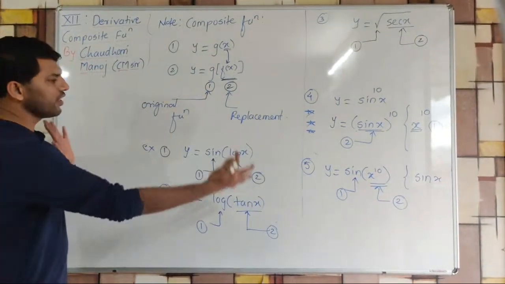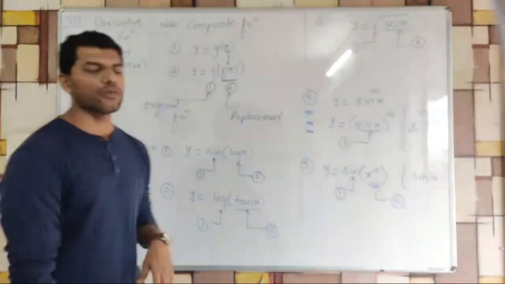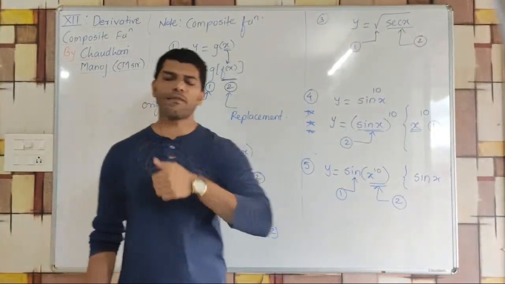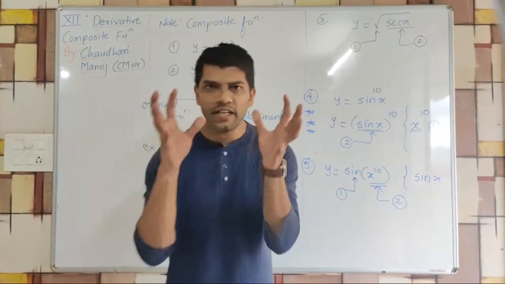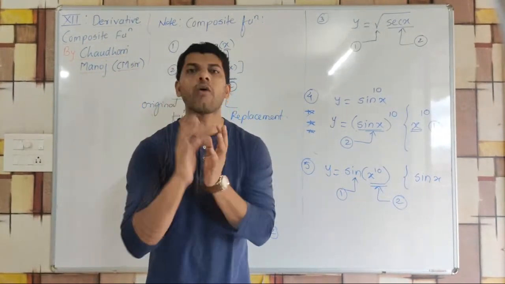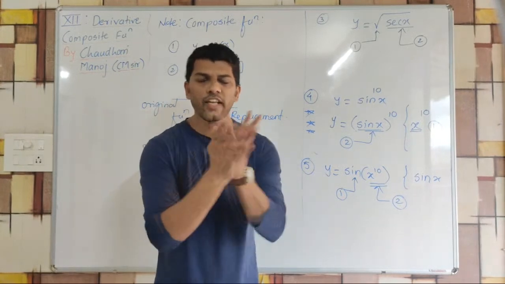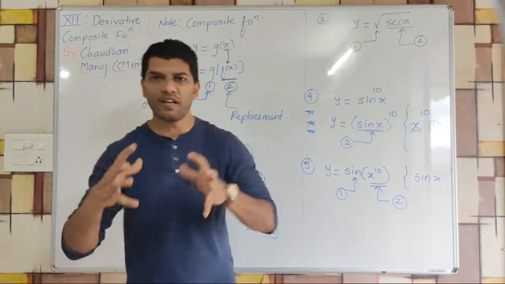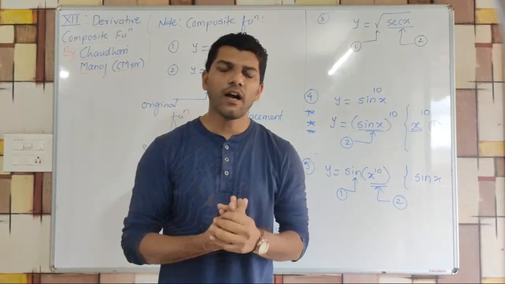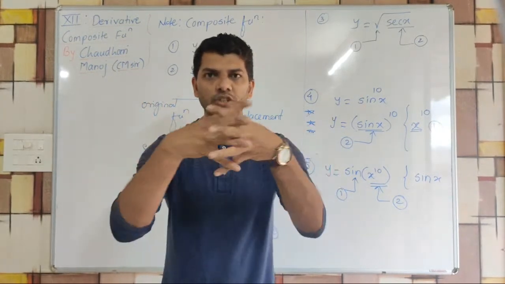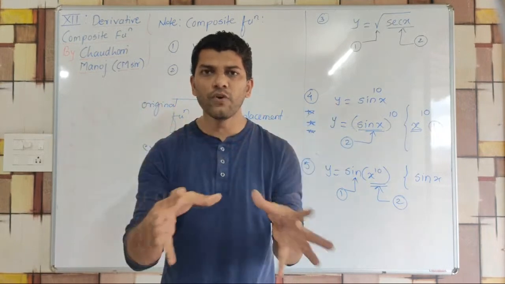Whatever we discussed up to this point is the way of formation of the composite function. Friends, I hope you got at least some idea how a composite function forms. It is not there in any textbook how exactly a composite function forms, but I hope you understood this concept with a few examples.